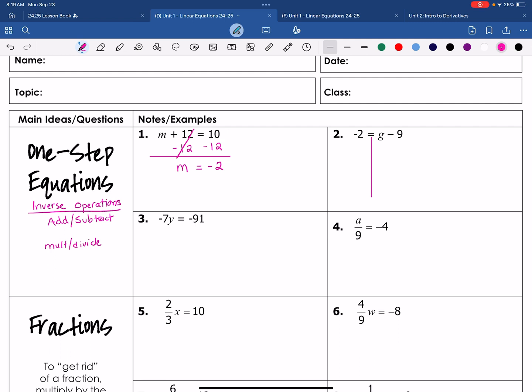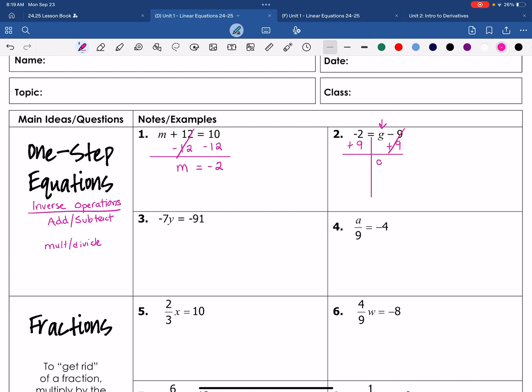All right, so this next one, I look to find my variable. That guy's right there, and I say, all right, I have g subtract 9. So if I'm subtracting 9, to undo that, I need to add 9. So I'm going to go ahead and add 9 to both sides. Negative 9 plus 9 cancels out.